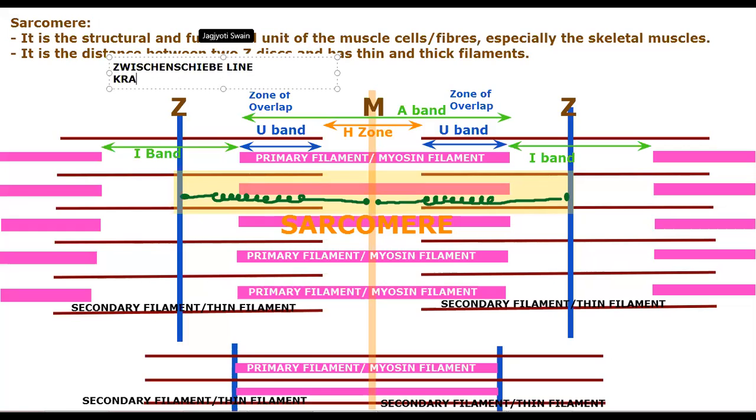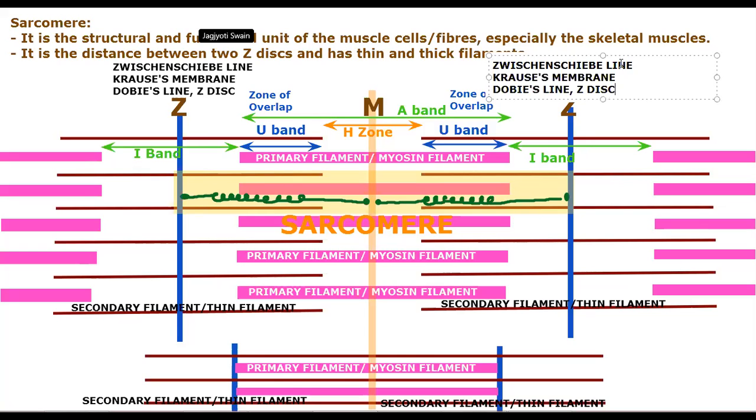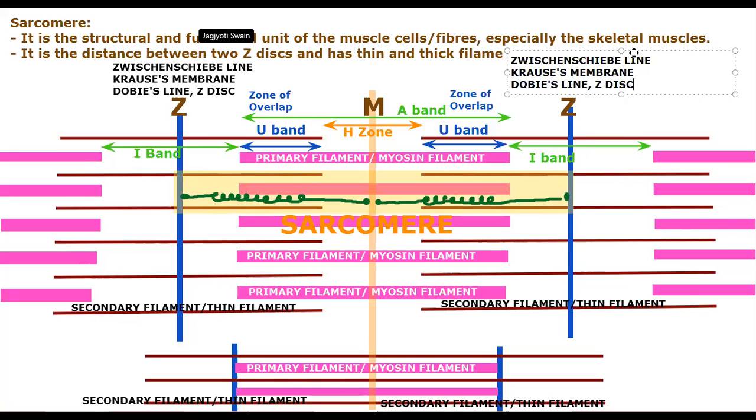Yeah, Dobby's line. Okay, this is also called Dobby's line. And simply we can also call it the Z disc. Okay, so we'll put the same here also. Fine, so here also we will write the same thing.